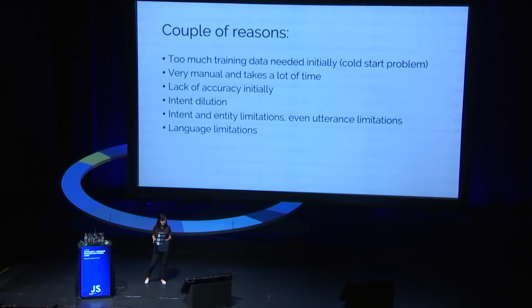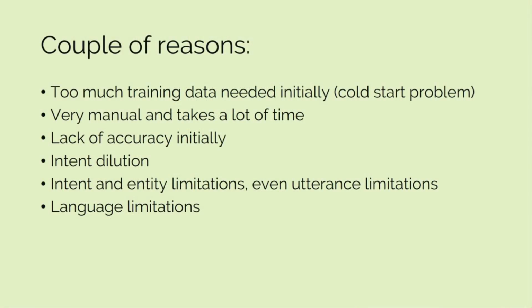And yeah, this leads to something called intent dilution. This is just something that I've experienced with FAQ scenarios. A lot of engines have intent limitations and entity limitations in terms of the number of intents and entities that you can have. And also, not all languages are supported if you want your bot to go internationally.